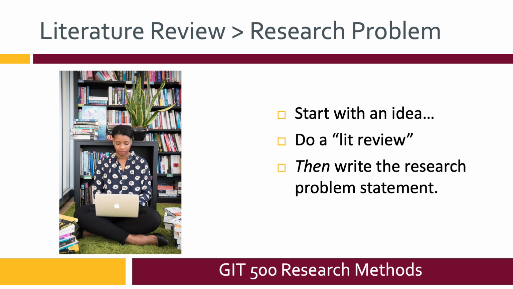And then you actually write the official research problem statement. You do that because you're going to come up with an idea, but you're not going to have it fully formed. Then you need to do some research of other literature, things that came before, that will help you formulate and solidify your research problem idea.